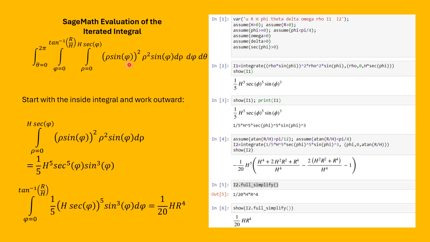It would just be easy. This integral up here, this iterated integral representing our triple integral, would just be 2 pi times this, which is 2 pi times this stuff right here.